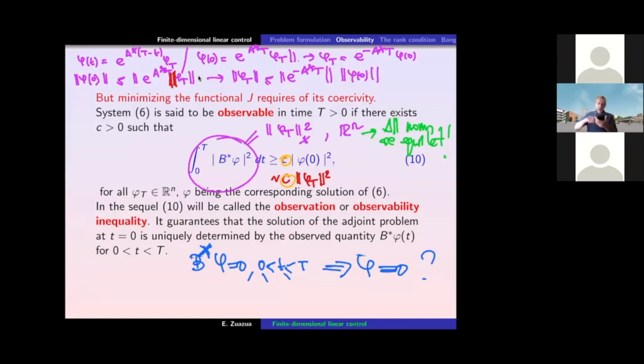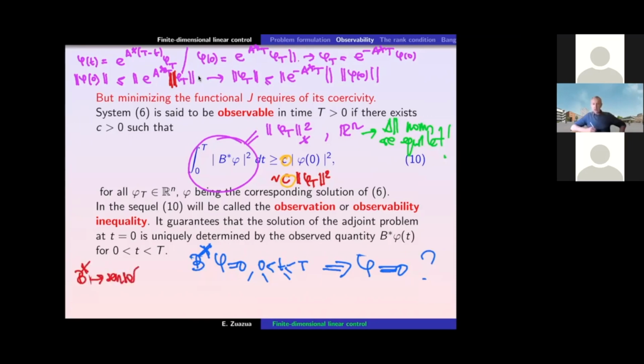So you are a material scientist, I bring you a material, and I ask you, could you please tell me what this material is? Well, what you will do is a number of experiments, and out of them, you will try to determine what the material is. So this is what we are doing here. We have a sensor. We are trying to identify the state of the system. So B star is just a sensor.